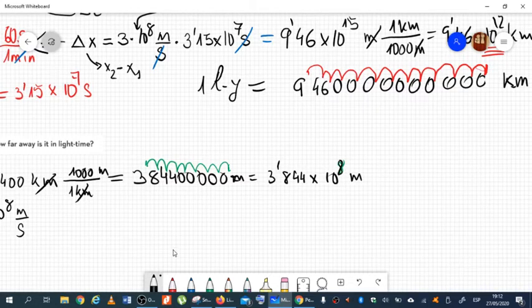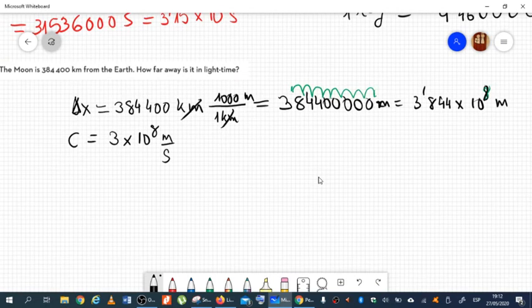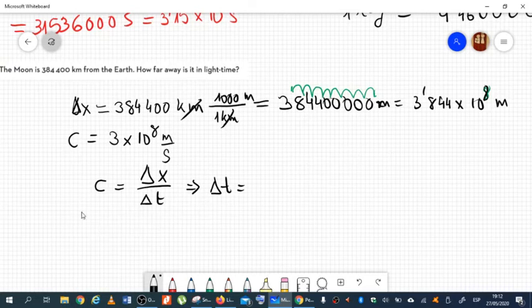Now we have to calculate the time taken by light. So C is equal to the distance divided by the time. We have to calculate the time. Do you remember how to solve the time from this equation? The time taken goes to the other side, multiplying.